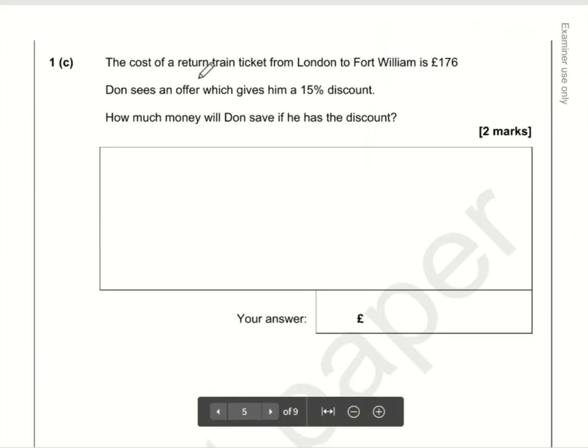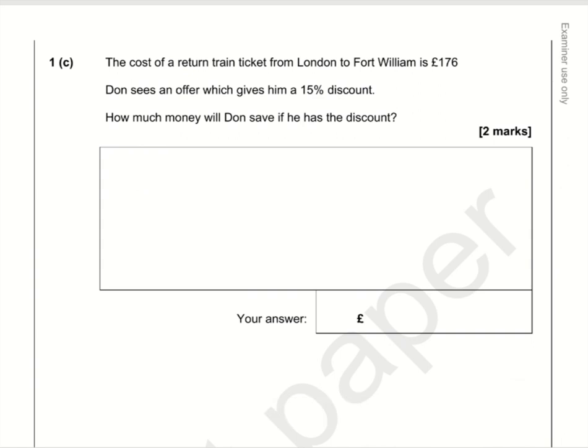Okay, let's have a look at part C. The cost of a return ticket from London to Fort William is 176 and it's a 15% discount. So how much money will he save? So it's not asking for the price of the ticket after the discount, just what is the discount. So the question is basically, what is 15% of 176?